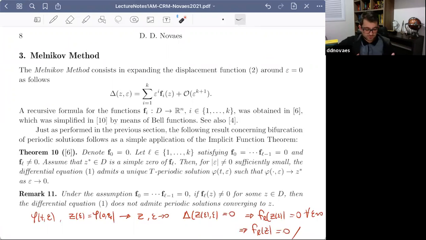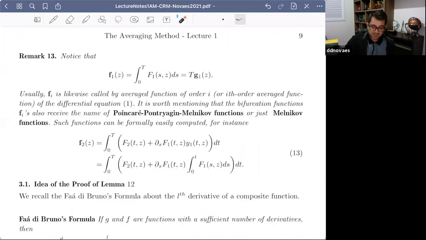And both series of functions are providing information on the bifurcation of periodic solutions of the original difference equation. So it's natural to ask, first, are they the same? We know that they're not the same because f_1 is equal to T multiplied by g_1. So perhaps every other function, higher orders, f_i would be T multiplied by g_i. We could ask that, but it's not true.